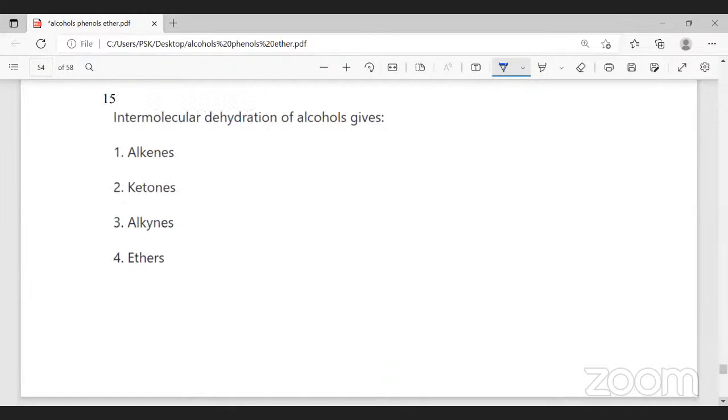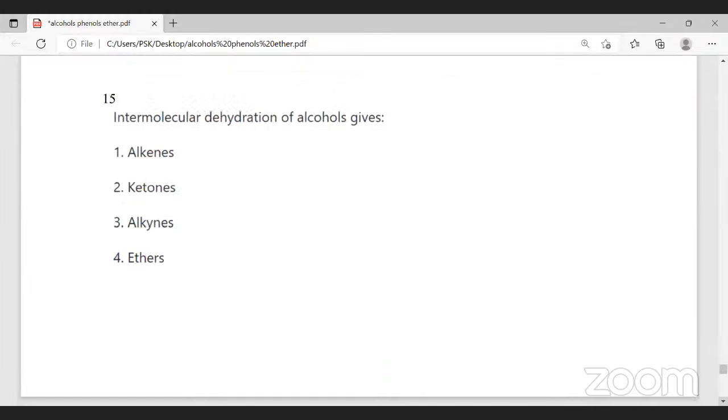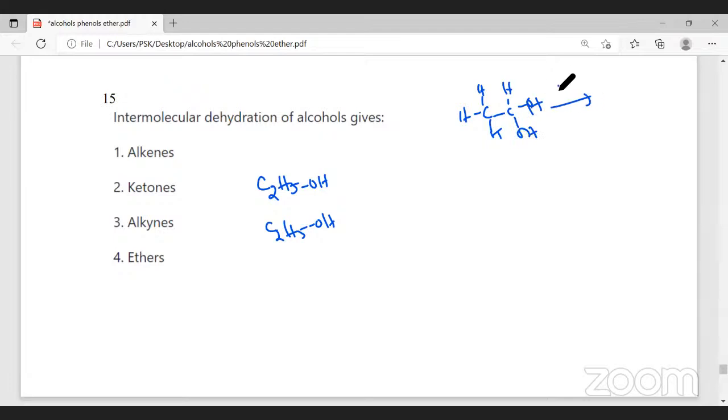Intermolecular dehydration of alcohol gives what? Alkenes? Intermolecular. Intra versus inter. Intra means within the molecule. See, this is intra. This is ethanol. When this is treated with sulfuric acid, water gets eliminated and you get alkenes.